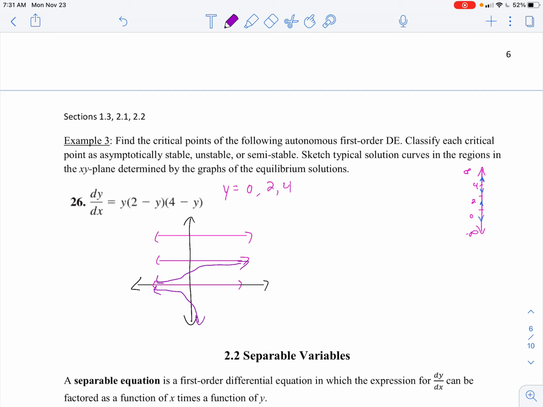Between 4 and 2, we're going to 2, so start up at 4, head down to 2. And above 4 we're going up. So there's the graph, and then we need to tell whether they are attractors or repellers, our critical points.